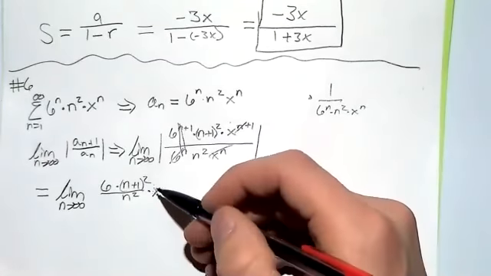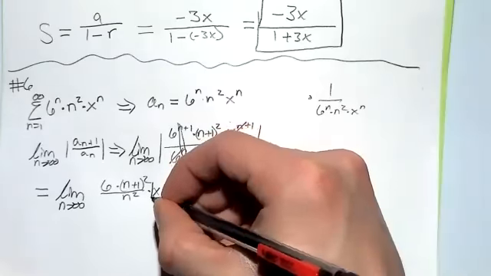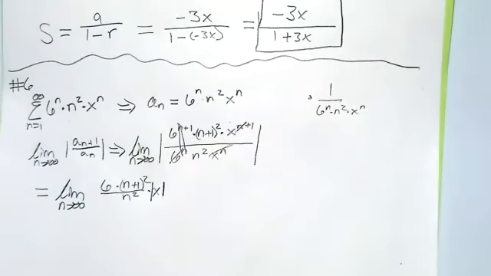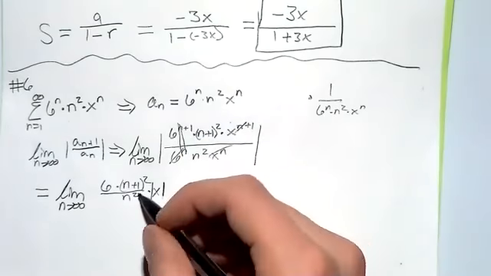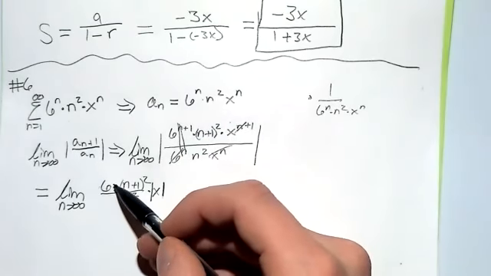Okay. So what's going to change is our variable x when we plug in numbers. So we're just going to put absolute values around x because that's the only thing that's going to be dependent at this point in time on what we have. So now if we think about taking our limit as n approaches infinity, what do we have? Well, that 6 isn't affected by n.